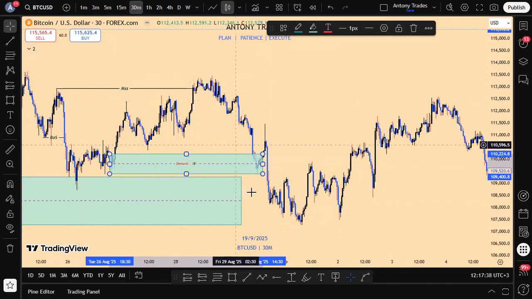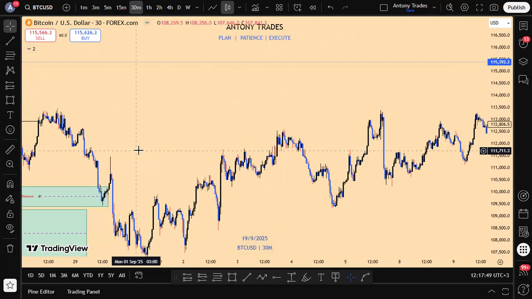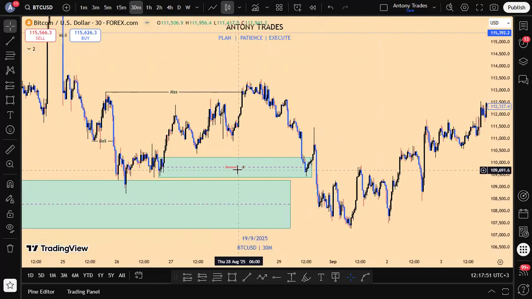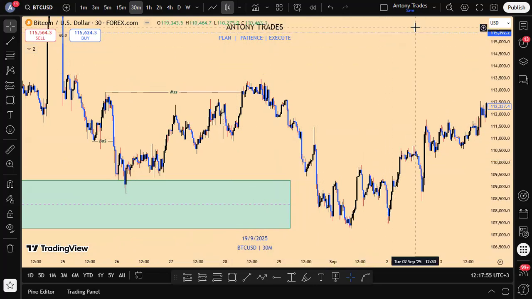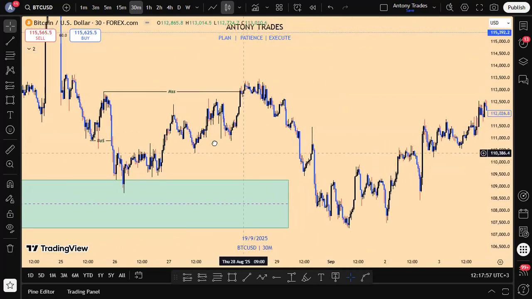So market had to come back, get some more liquidity or activate some orders within this area. Then now that is when the real movement came across. I don't know whether someone is getting the concept down within this area.